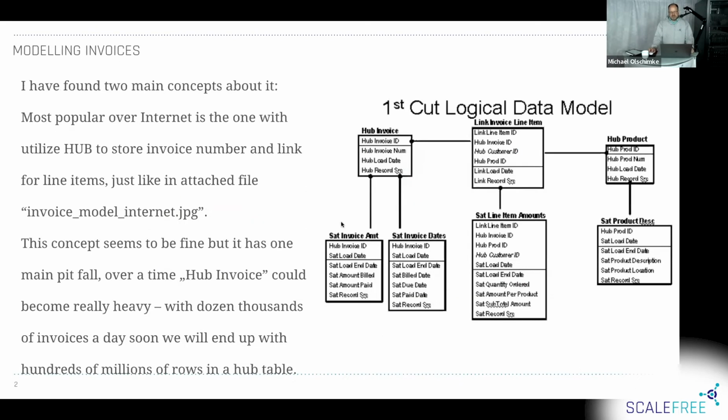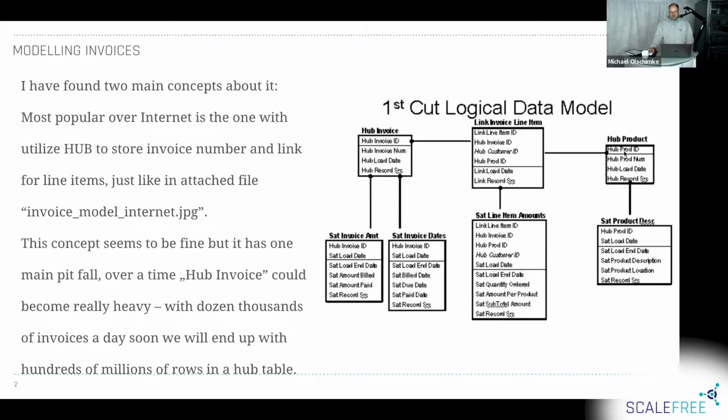And the person here looked on the internet, checked out the book, and found some solutions. One is a very popular one. I agree, I see this not only on the internet, I also see this in projects, where essentially they create a hub for the invoice number because it's a business key, which makes sense in the first place.